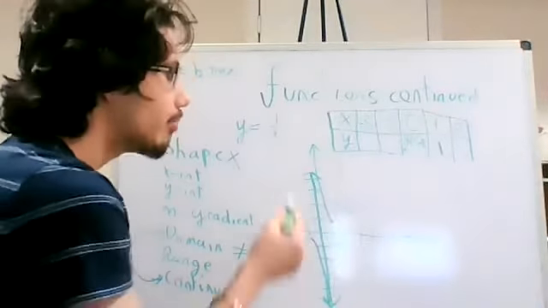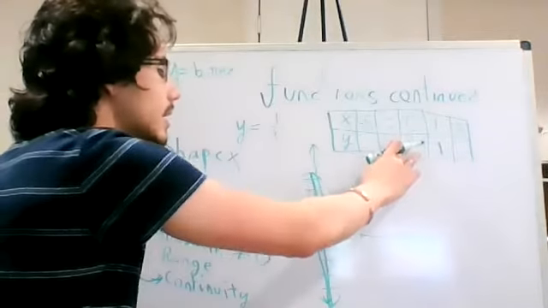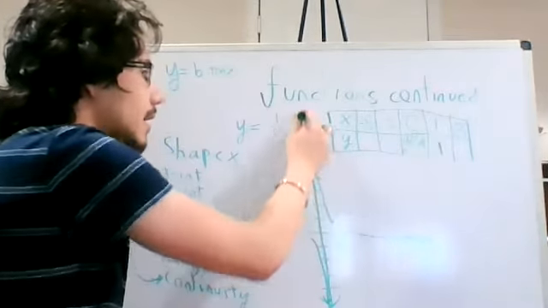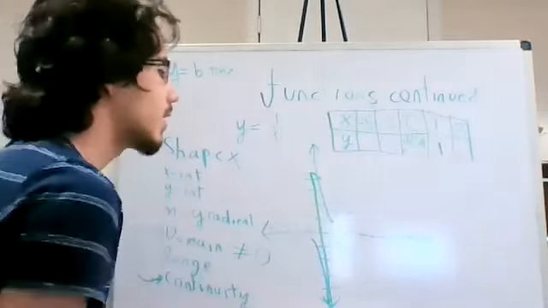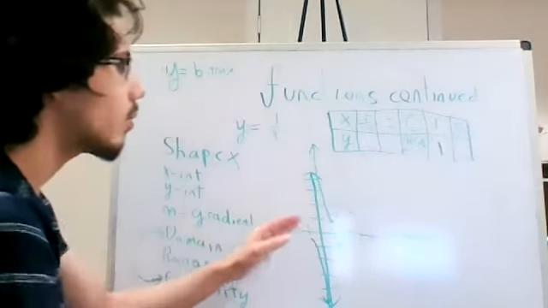Not only that, but from our experiments with trying to find out what 1 over 0 is, we saw that the function kept on going up forever. So what we know so far is that the range does go from 1 to infinity, just from what we've seen so far.